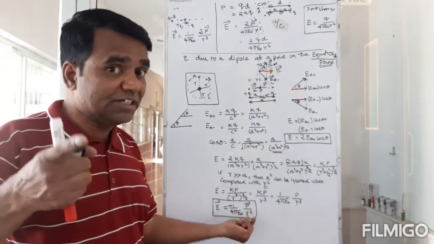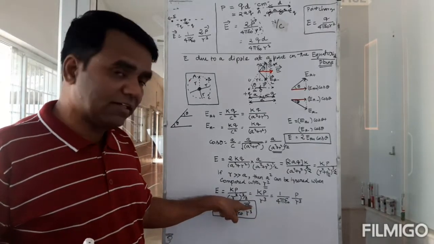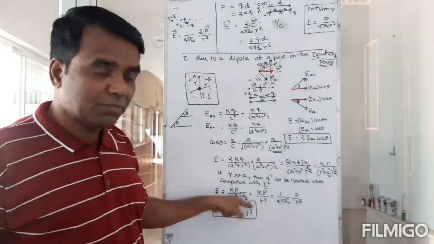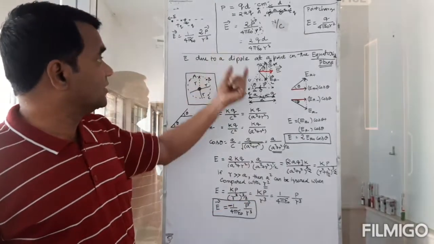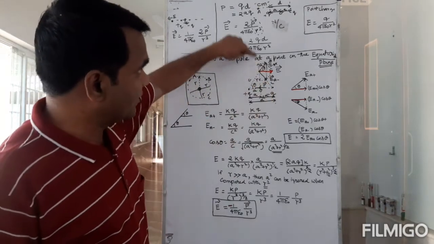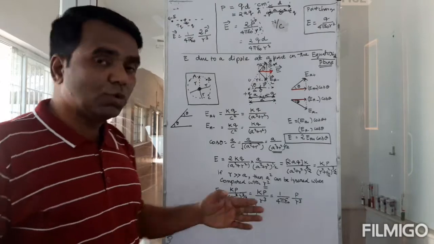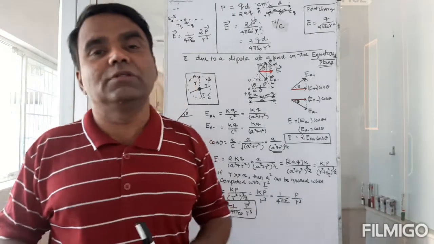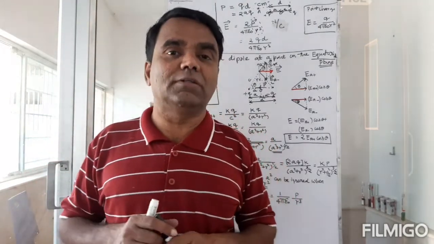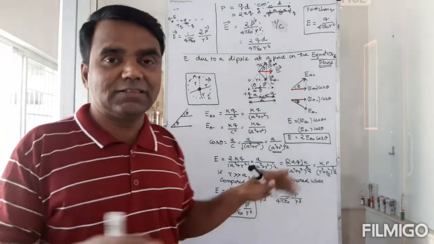Doesn't mean that the unit changes. Notice, because you already have a meter here in P. But that's a constant, this separation is a constant. But if you take this point and this point, r can vary. So this field will drop to the third power of r. 1 by r cube is how this field will drop due to the dipole.